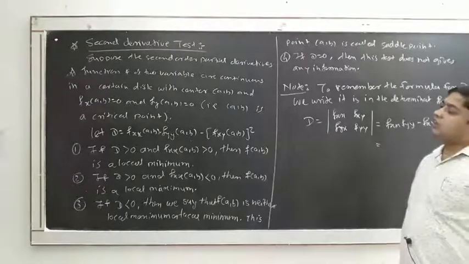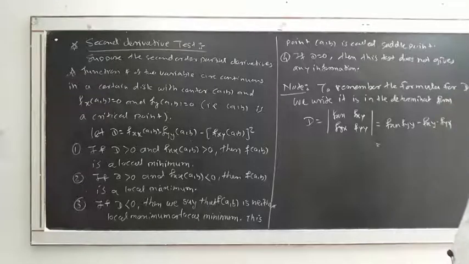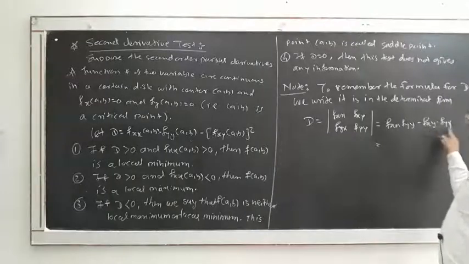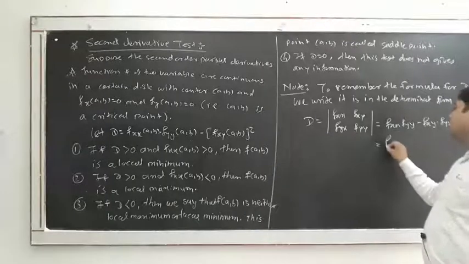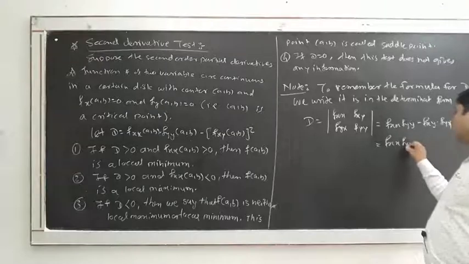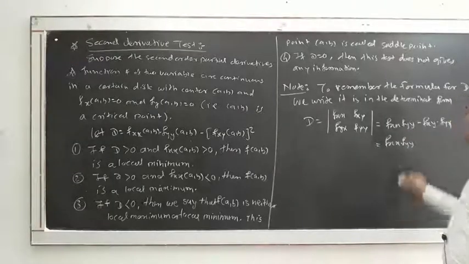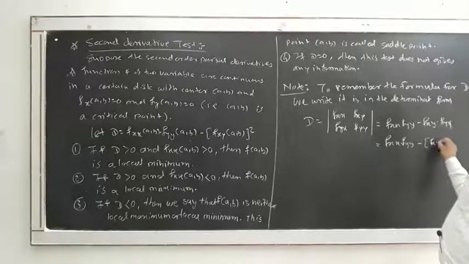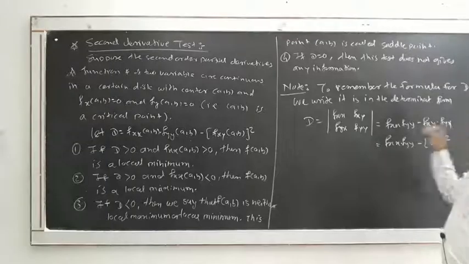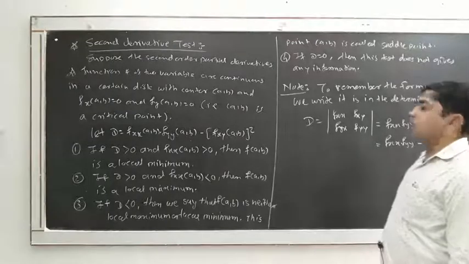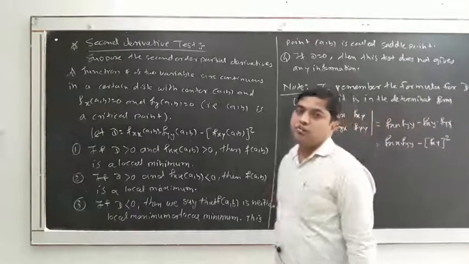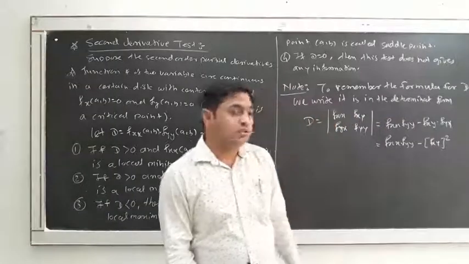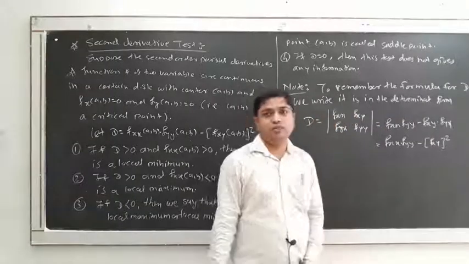But our second order partial derivatives are continuous, therefore the mixed partial derivatives are equal, and therefore we write fxx into fyy minus [fxy] square. So this is our formula, you can keep it in mind by using the determinant also.